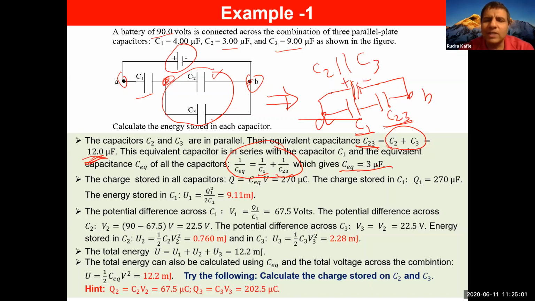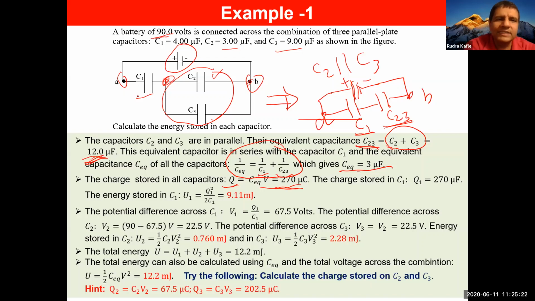Now you can find the total charge driven by the battery, which is C equivalent times V, right? C equivalent is 3 microfarad. V is the potential difference supplied by the battery, 90 volt. So the total charge driven by the battery is 270 microcoulomb.